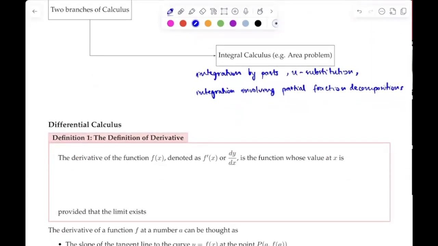The first thing is definitions of derivative. So derivative of the function f of x, using a different notation here, you have f prime or dy dx. It depends on how convenient it is for you to write these types of notations, but this notation right here, dy dx, is the Leibniz notation.